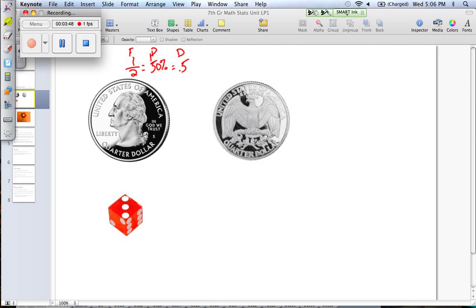For probabilities, a probability of 1 means that it's assured to happen. Right? It's guaranteed to happen. A probability of 0 means it'll never happen.